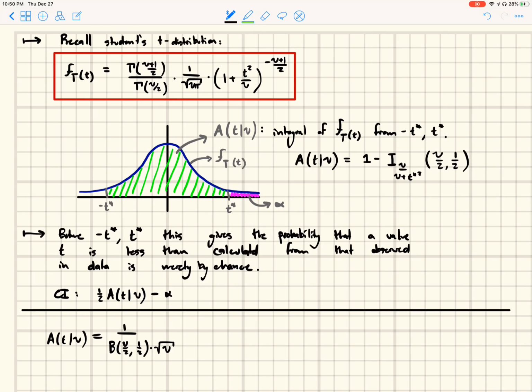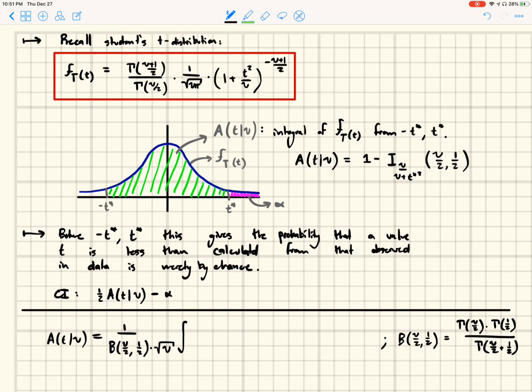In fact, I can show it here. Beta of v over 2, 1/2 is equal to gamma of v over 2 times gamma of 1/2, over gamma of their sum. And if you recall, gamma of 1/2 is merely the square root of pi. So that's just a simplification that we make.